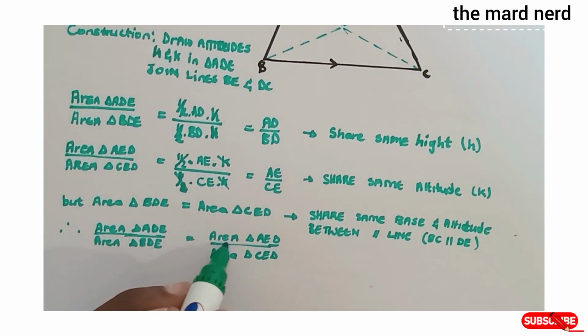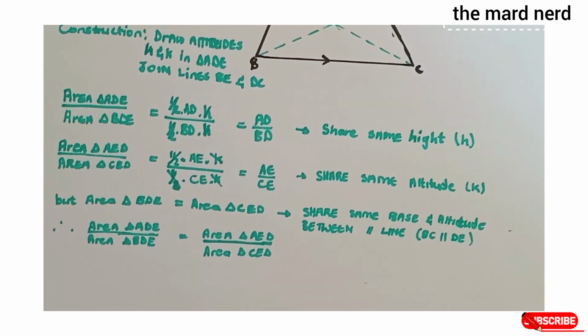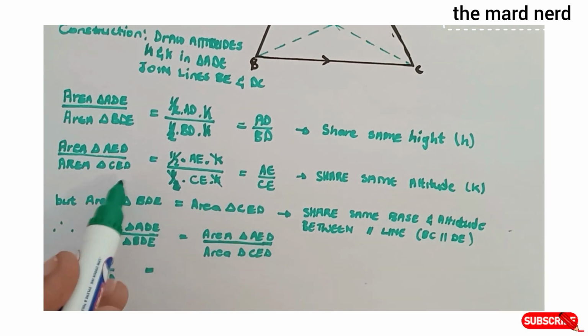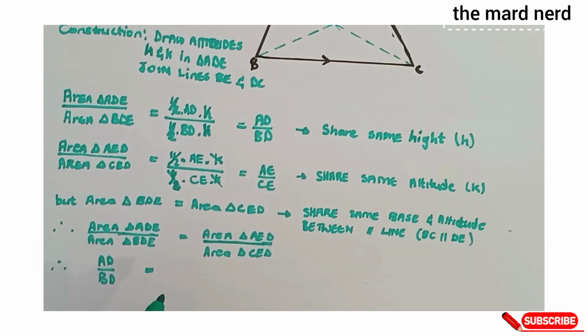And then what we know is that the area of triangle ADE over the area of triangle BDE we found as AD over BD, which is equal to the area of triangle AED over the area of triangle CED, which is AE over EC.